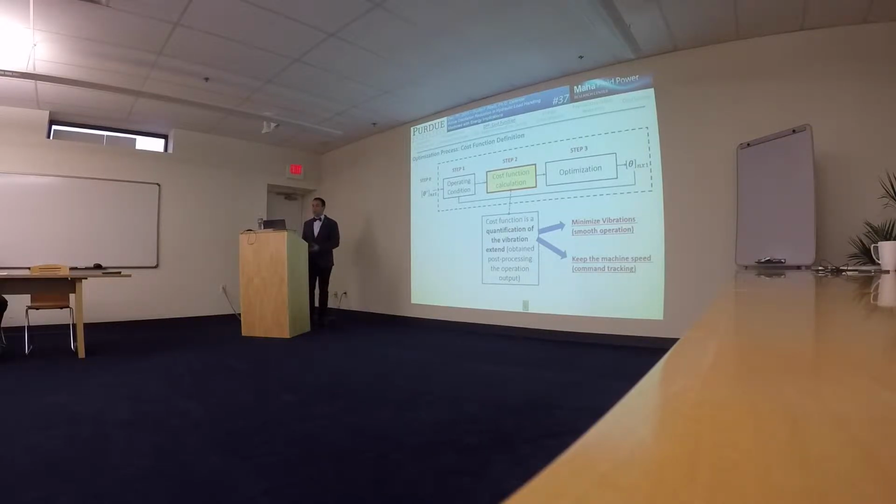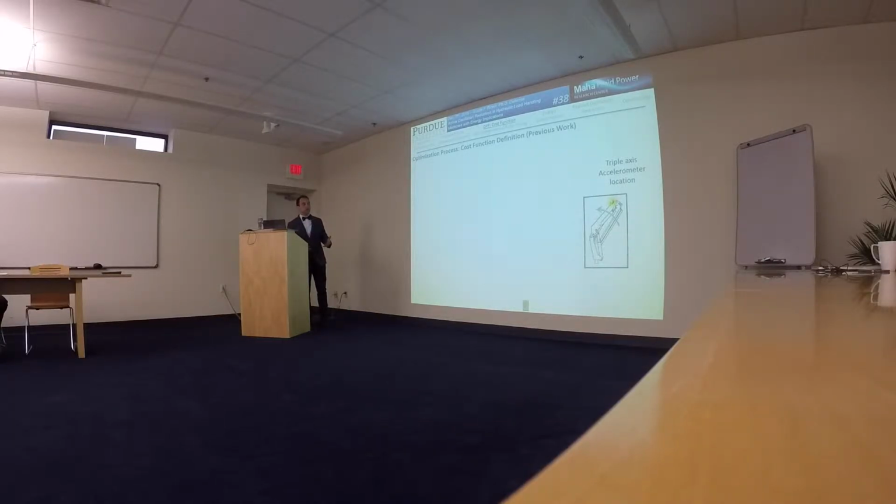So in order for you to understand better what I did, I want to show you how the cost function was previously calculated. And for doing that, I use this example where we have the extension of the machine with an accelerometer placed here. And if we give a step command to the machine, this is what we get as acceleration of the boom, which is the blue line.